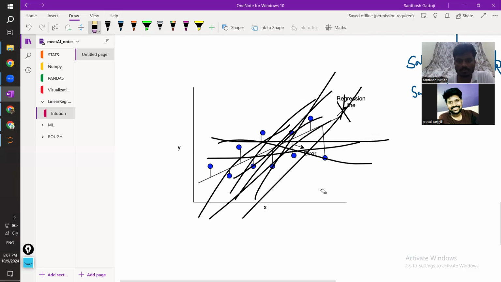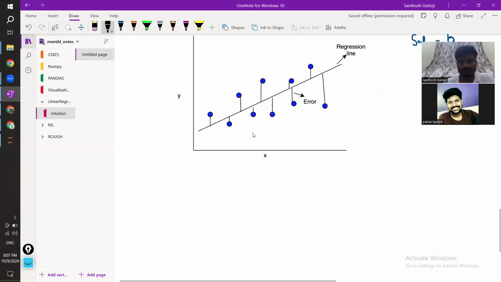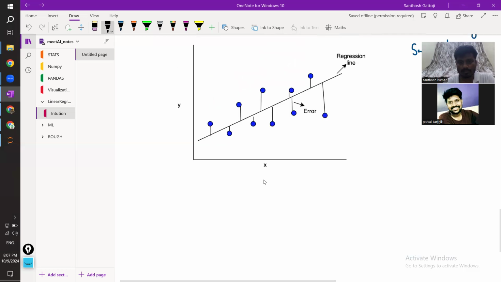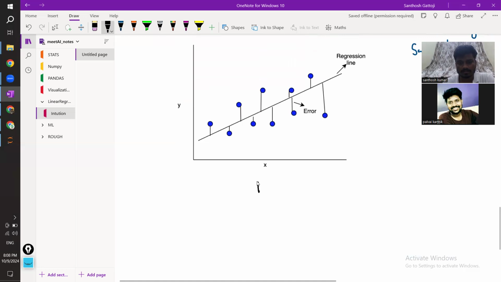Cool. So firstly, you are going to do a few things. One is the best fit line which you are trying to find over here. This word you should remember from now on, because this is one of the key words.